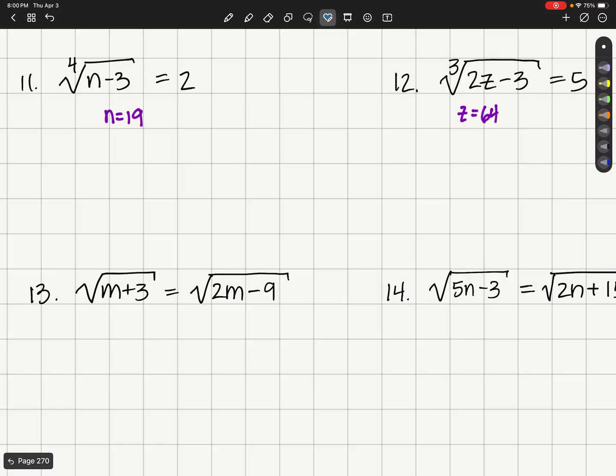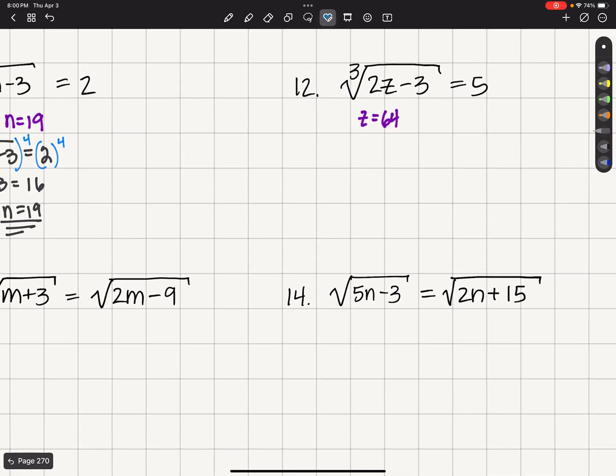I'll quickly show you my work so that you can check to see what happened. We've got the fourth root of n minus 3 all by itself already. We're going to raise both sides to the fourth power. That gives us n minus 3 equals 16. We add 3 to both sides, and that's how we got n equals 19.